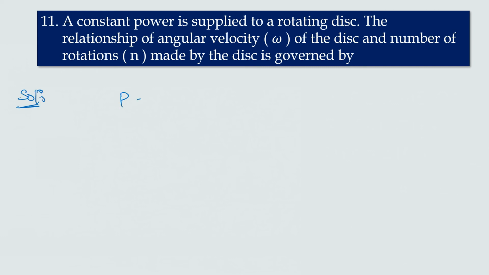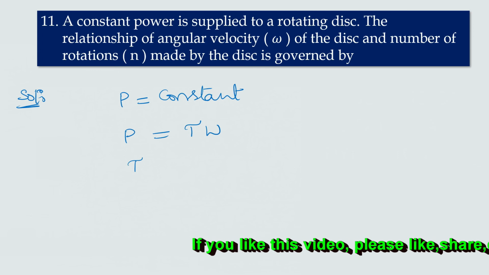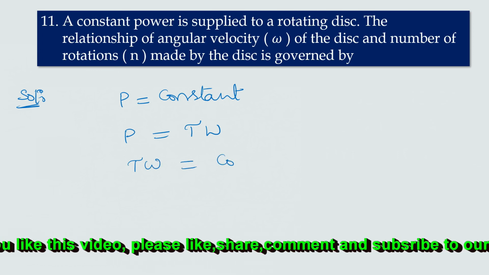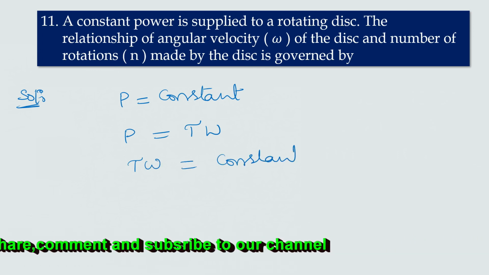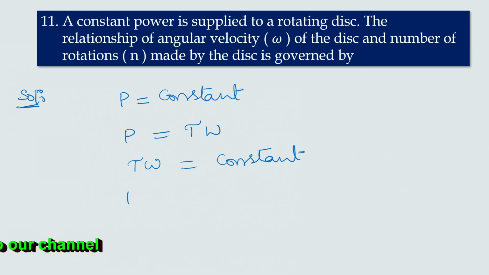P is equal to constant, they given as a constant power. Now P is equal to tau into omega. So tau omega is equal to constant. Now tau is nothing but I alpha, so I alpha into omega is equal to k.